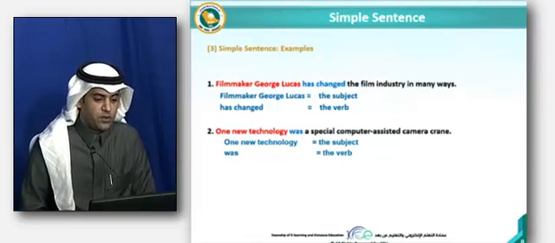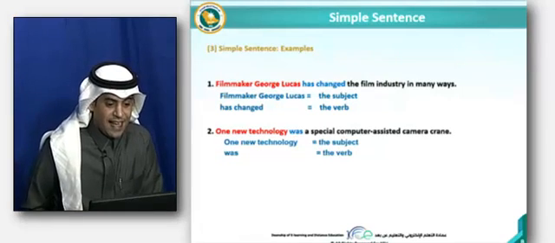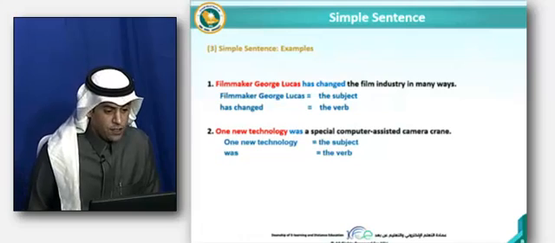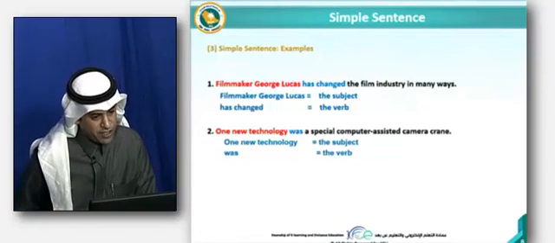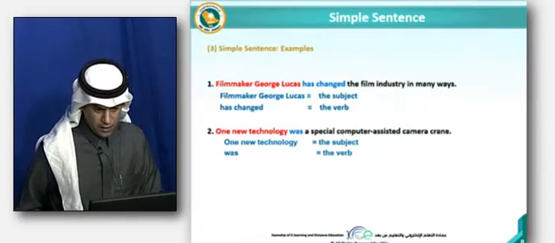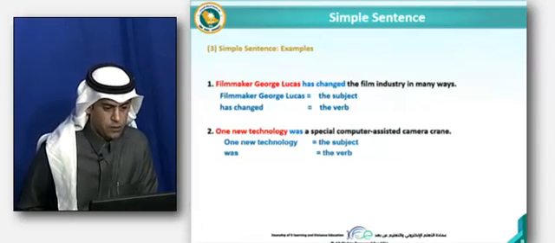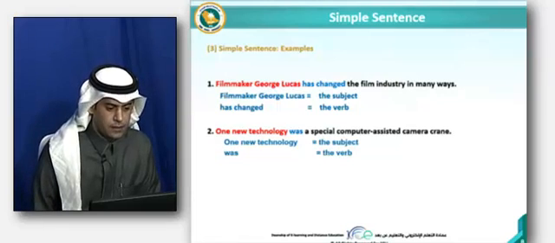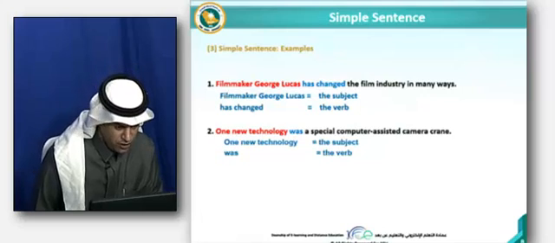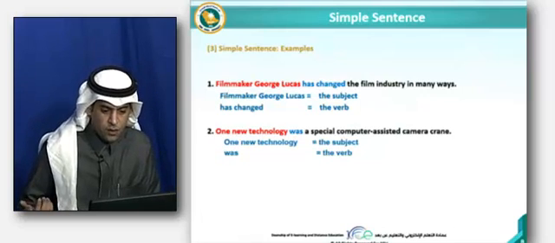Here we have examples. Filmmaker George Lucas has changed the film industry in many ways. Filmmaker George Lucas is the subject of this sentence. As for the verb, it is has changed. A second sentence we have: One new technology was a special computer-assisted camera crane.